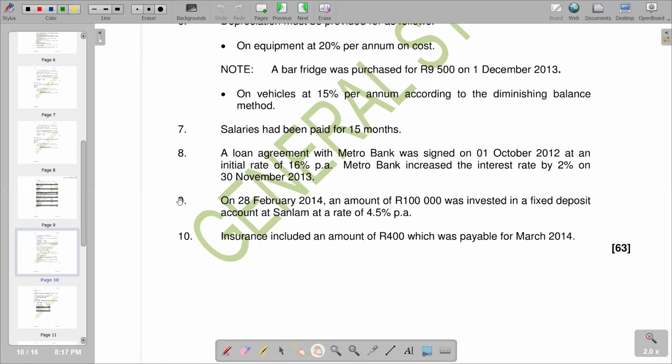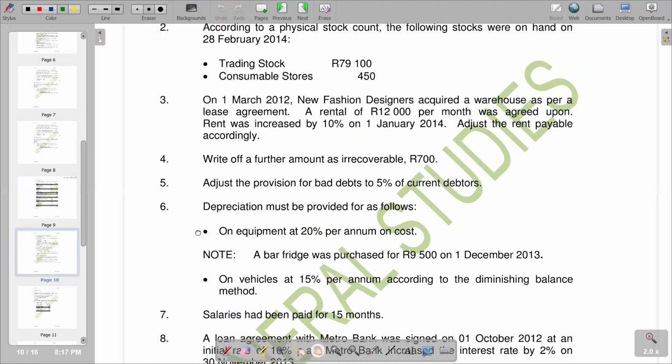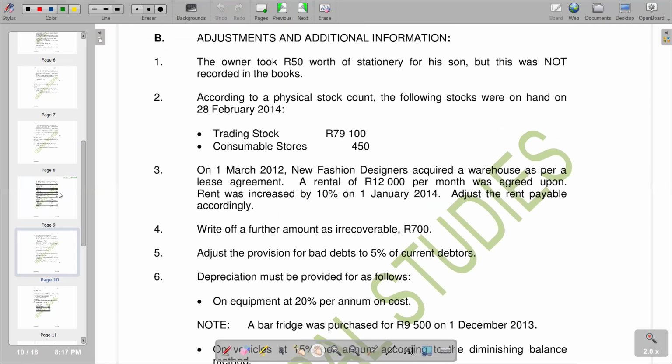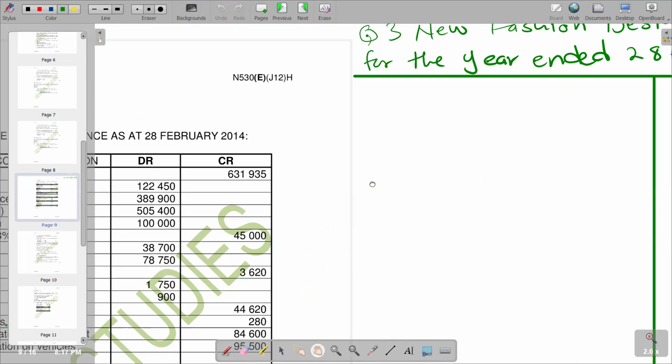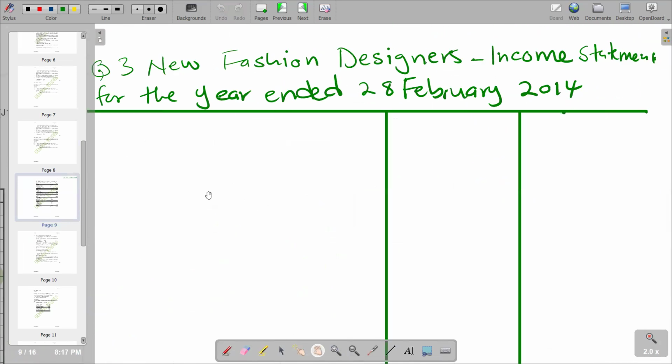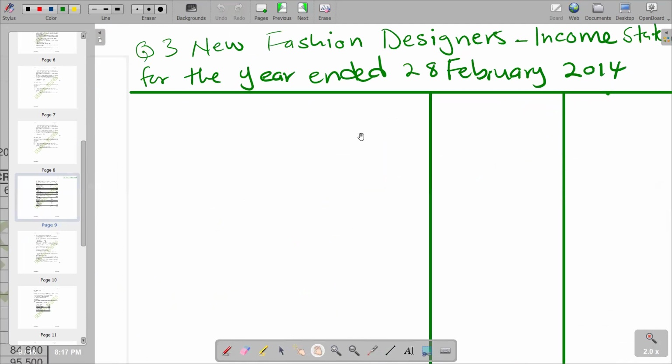You also need to go through this information before you start answering. Going back to our answer section, we have the New Fashion Designers income statement for the year ended 28th February 2014.